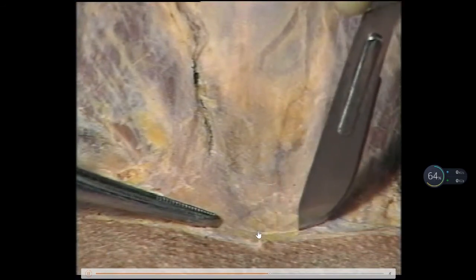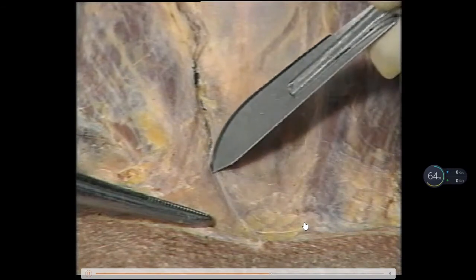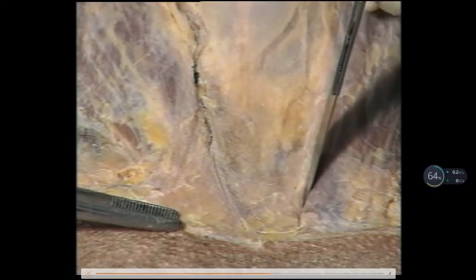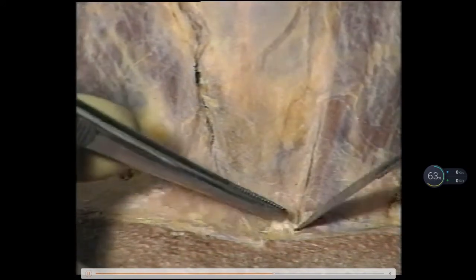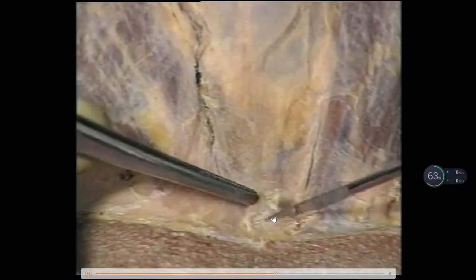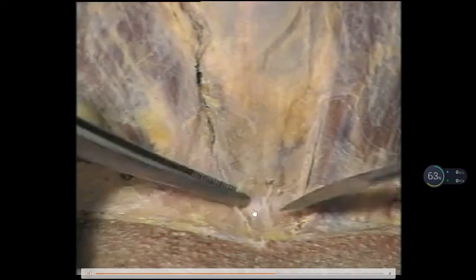Now here, open the anterior layer. Separate the anterior layer here, the enveloping fascia.